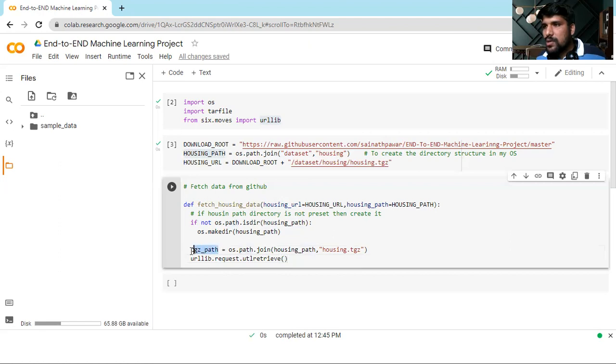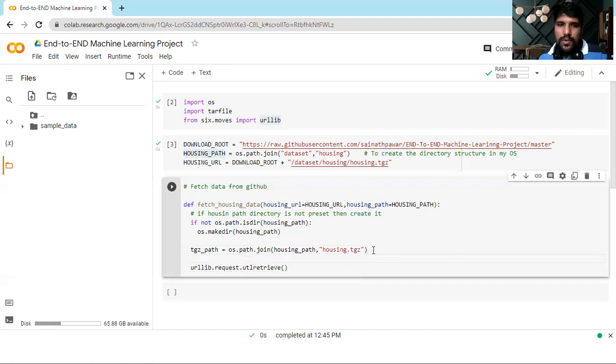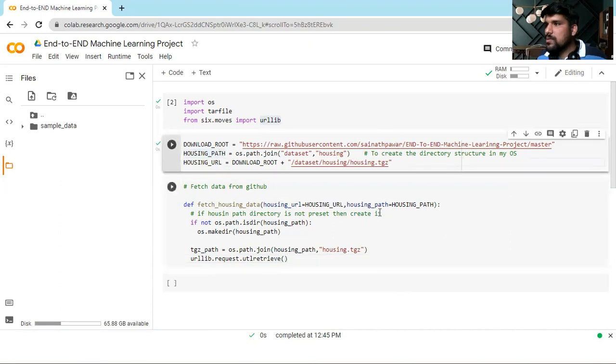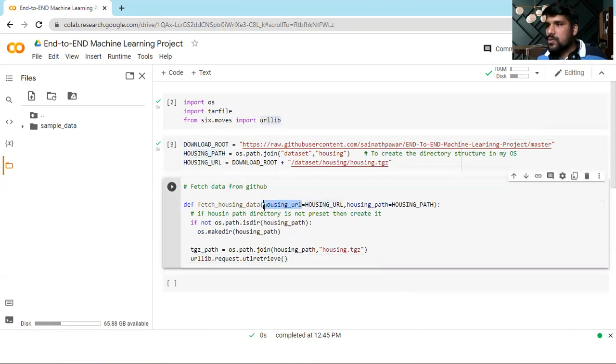And I have to give the path, right? Before that I missed one thing. So this is the housing path, urlretrieve. I have to give the path, so housing URL is one of the arguments. Yeah, here is housing URL.